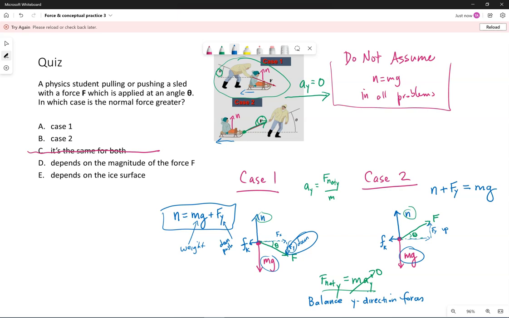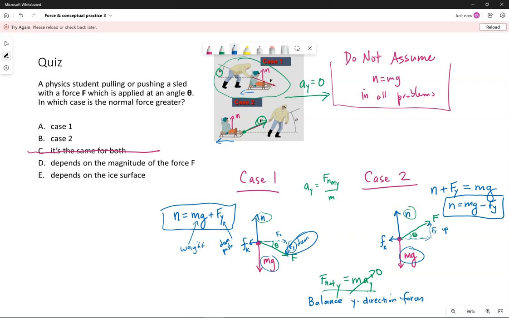So the upward pull is helping the ground counteract the weight of the child's sled system. If we solve for the normal force here, we find that the normal force will equal mg minus that y component.